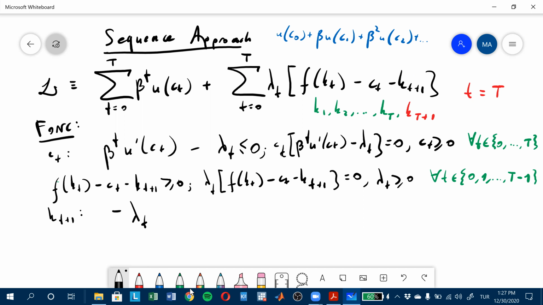Then, in the next one, you have lambda t plus 1, f(kt plus 1) here. So when t is equal to 0, you have lambda 0, so you have minus lambda 0 here. When t is equal to 1, you have lambda 1, so it's a plus. Then you have the derivative.